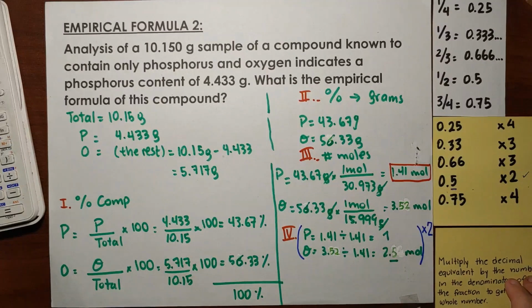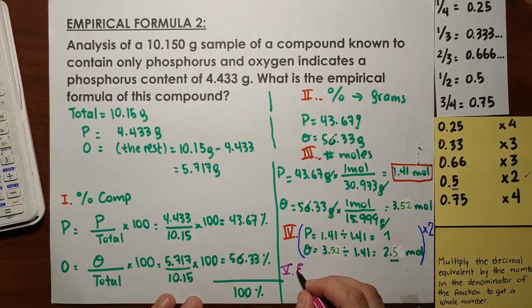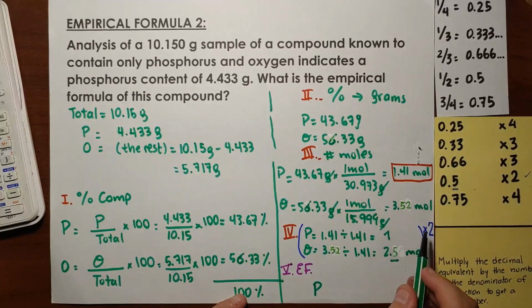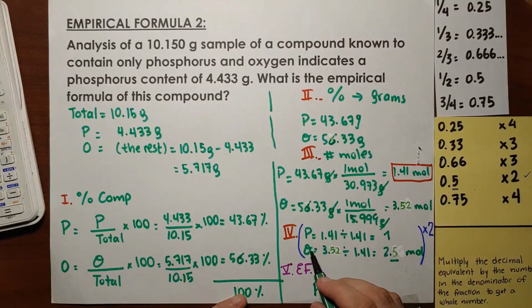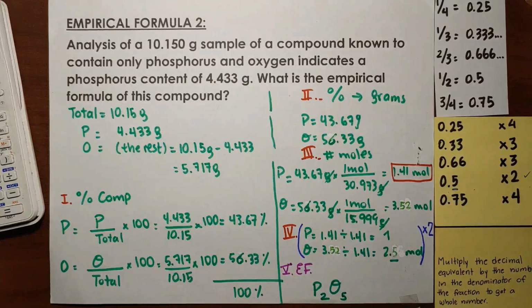Now our empirical formula is going to be made of phosphorus 1 times 2, 2 phosphorus, oxygen 2.5 times 2, 5. This is the empirical formula for this compound.